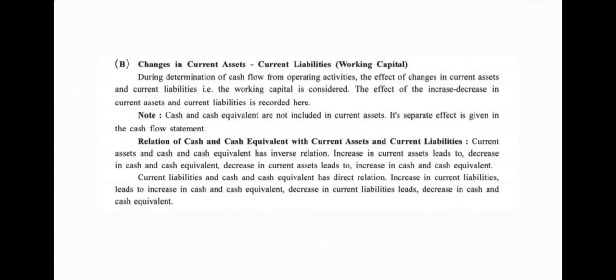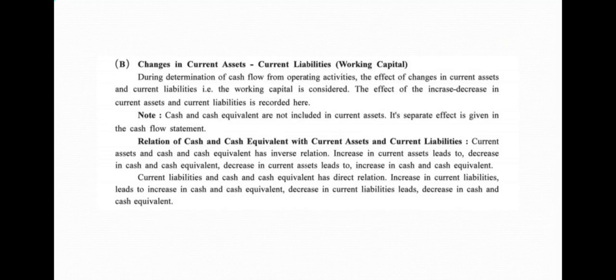Friends, current assets and cash equivalent has inverse relation. That means if there is an increase in current asset, there will be a decrease in cash and equivalent. And if there is a decrease in current asset, there will be an increase in cash and cash equivalent. Now, current liability and cash equivalent are having direct relation.